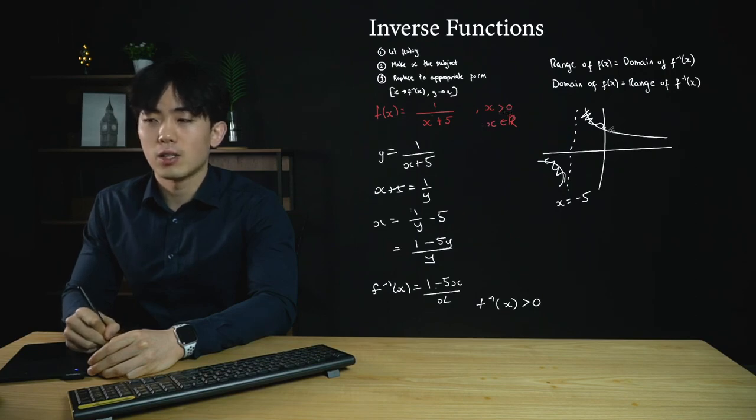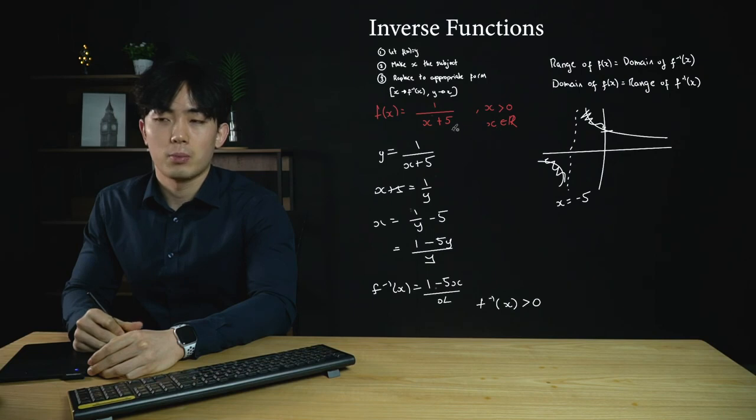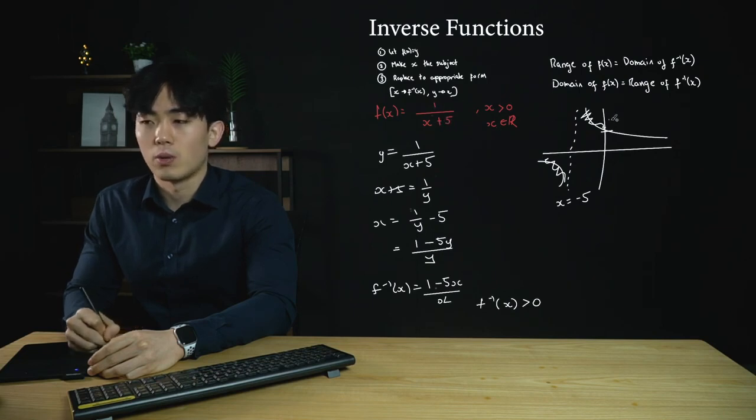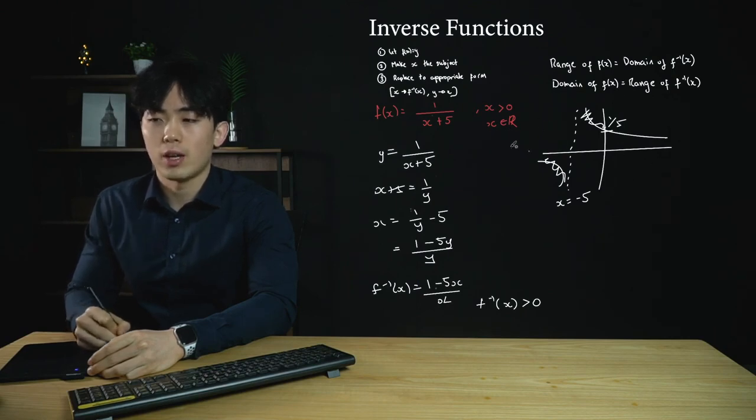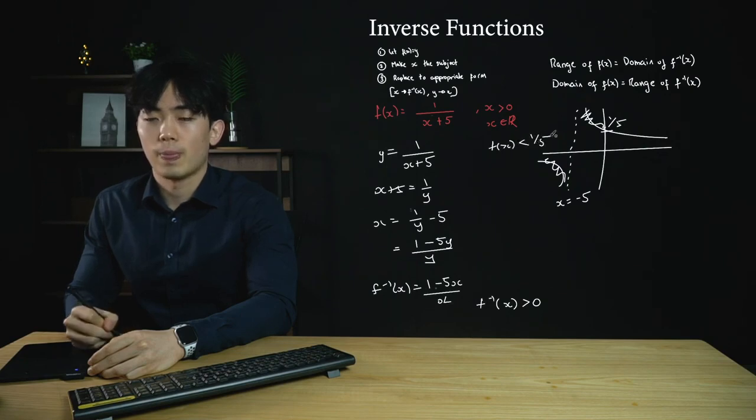Well, as you can see, as x gets bigger and bigger, y will get smaller and smaller. So the maximum value you can take is at this point here, when x is equal to 0. If you put x is equal to 0 into this function, you get 1 over 5. So we know that the range of the function f of x is going to be less than 1 over 5.